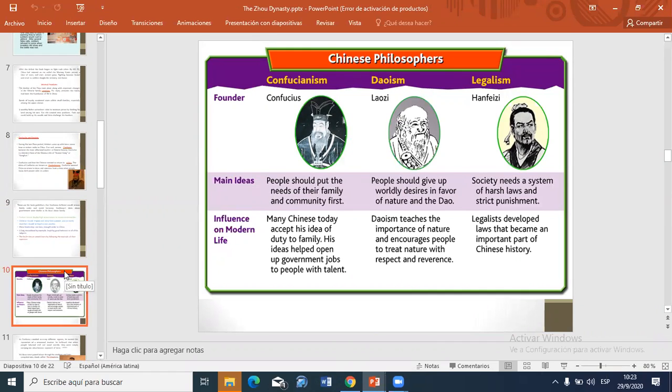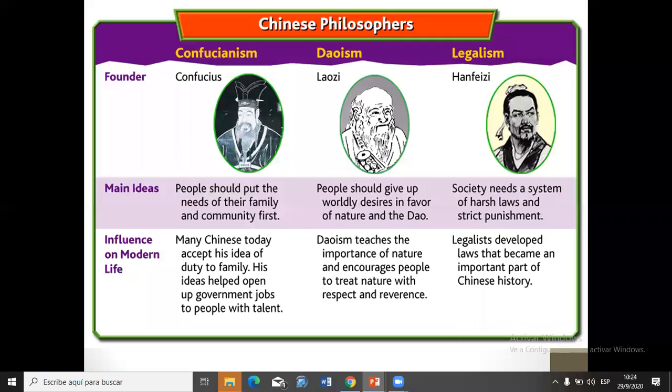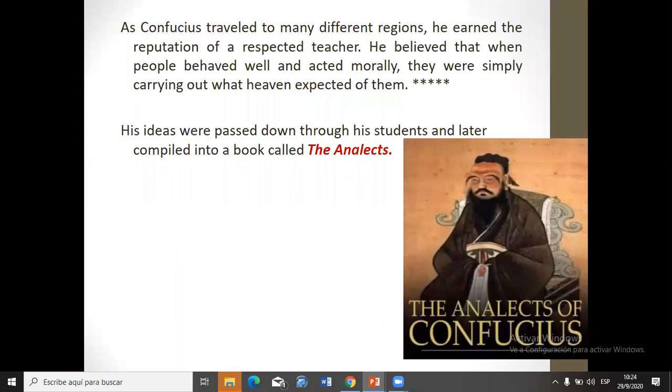Remember, during those days there were a lot of conflicts, and then these philosophers appeared in that era. The first one that we spoke about was Confucius, and the idea was called Confucianism, and then Lao Tzu, and they call it Taoism, and then Hanfeizi, and that philosophy was legalism.